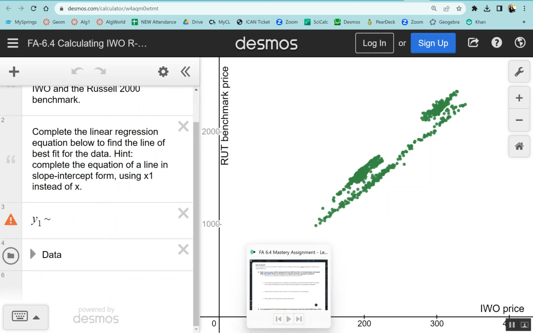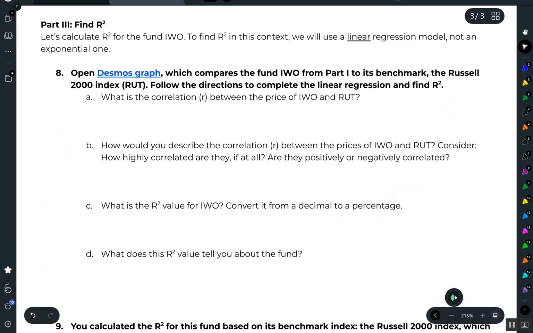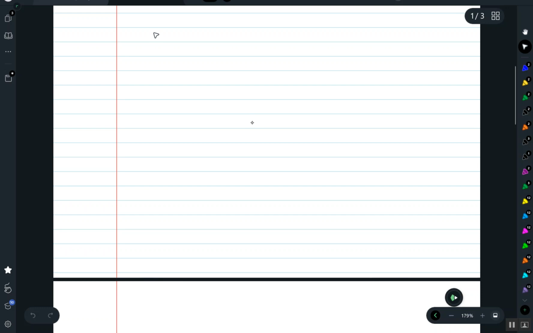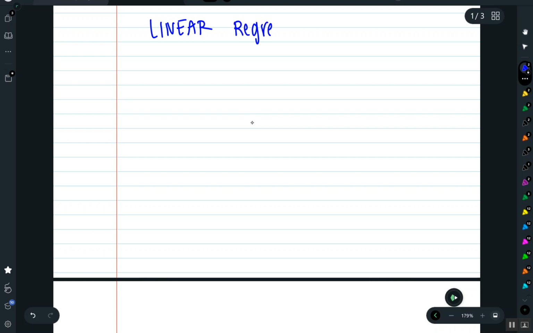To do a linear regression, let me write it down on this page. A linear regression is like using y equals mx plus b. But instead of y and x, we have to use y1, and instead of equals, we put a squiggle. So it'll be y1 squiggle mx1 plus b.